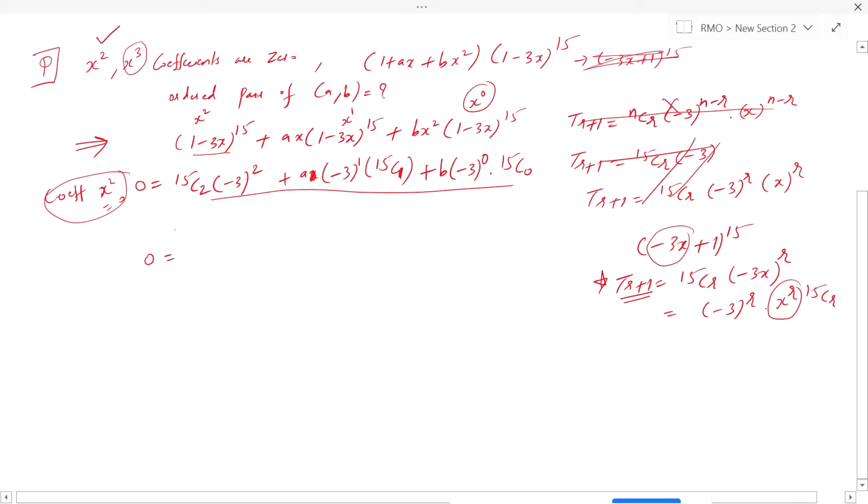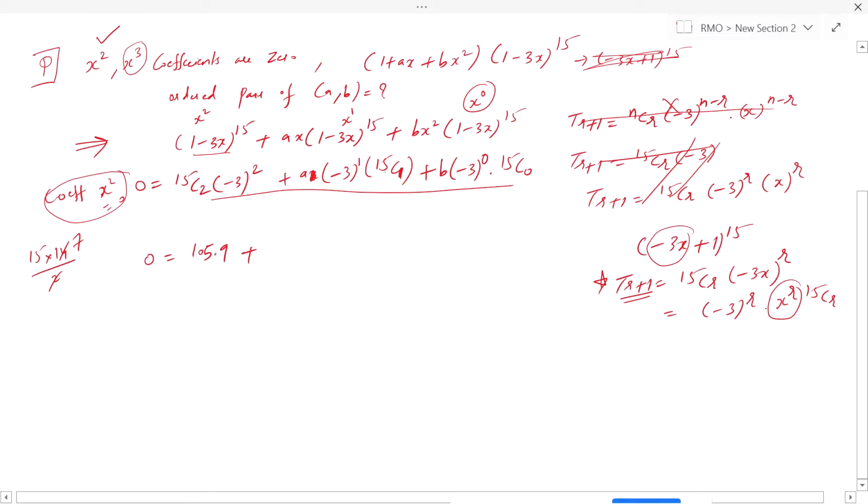15c2, how much will that be? That's 15 into 14 by 2, 7, 30, 105. 105 into 9. Okay, we'll see later.